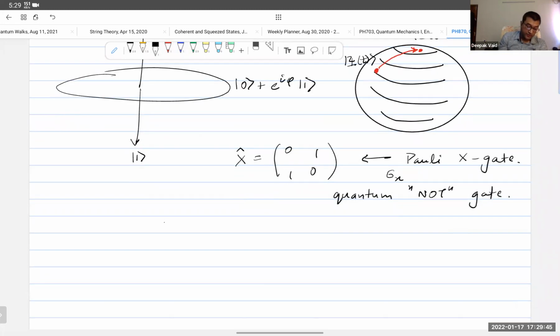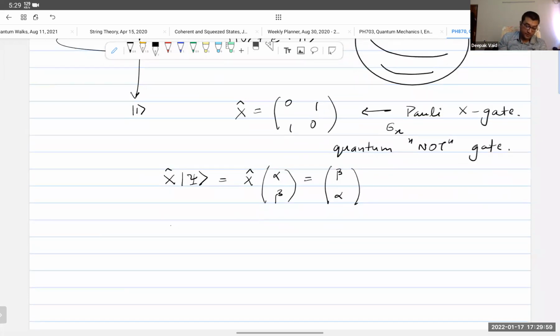And what is the effect of this on a state? So the state is alpha beta, some coefficients alpha beta. What does it do? It takes the two coefficients and flips them, basically. So if you act on a 0 state, you get the 1 state, and if you act on the 1 state, you get a 0 state.